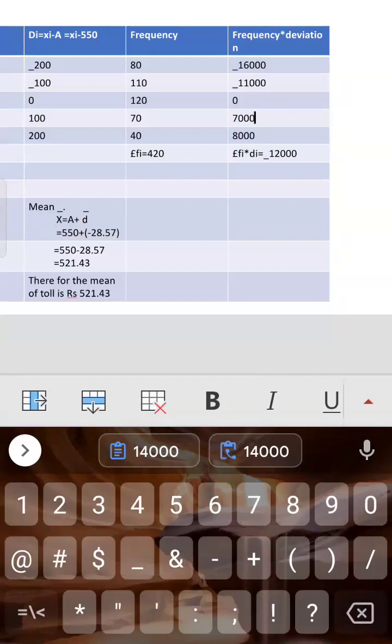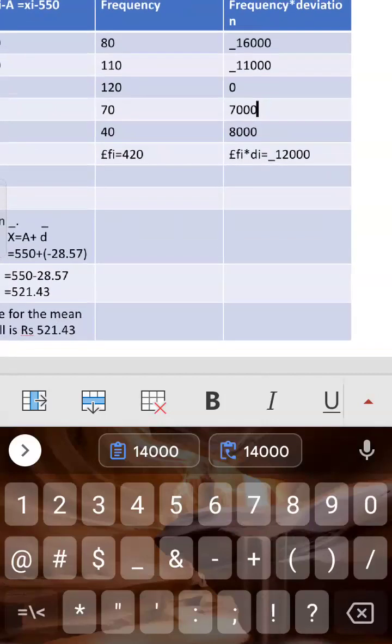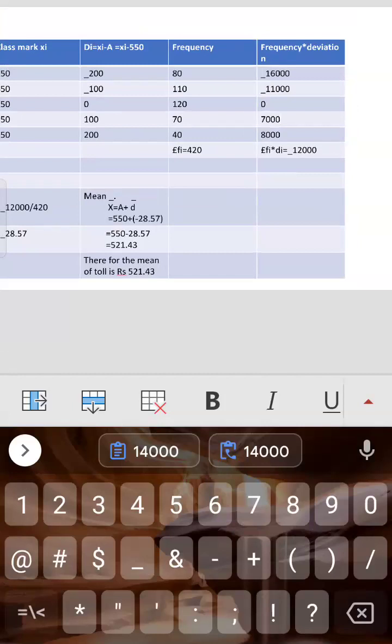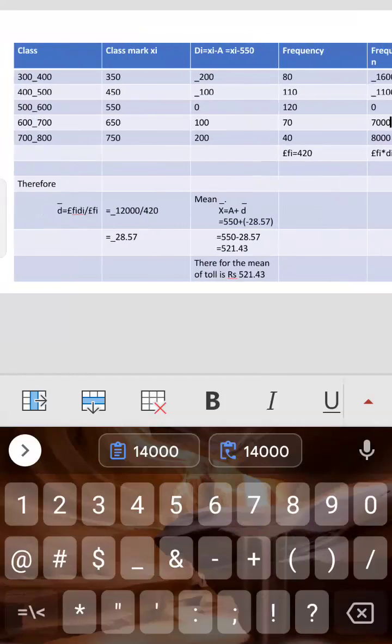Negative 27,000 plus 15,000, therefore the summation of Fi di is negative 12,000, and the summation of Fi is 420.